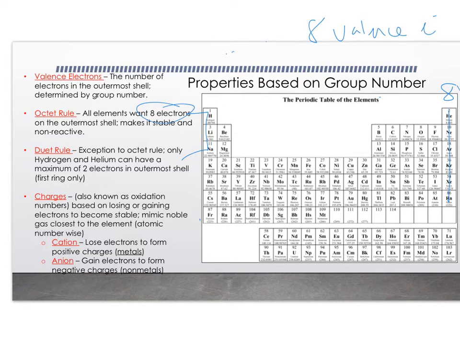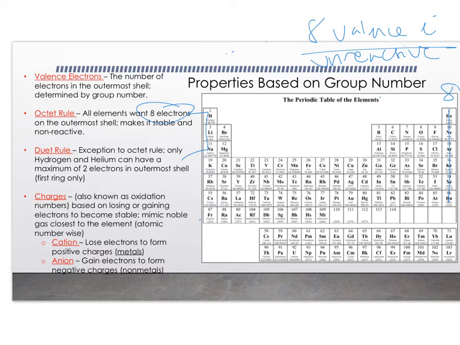And hopefully you remember back from your previous years that the noble gases are the most unreactive group because they have a full octet. They have all 8 electrons. They are unreactive. They don't want any more. They don't want to give any less. So whenever you have 8 electrons, you are unreactive and are completely stable.